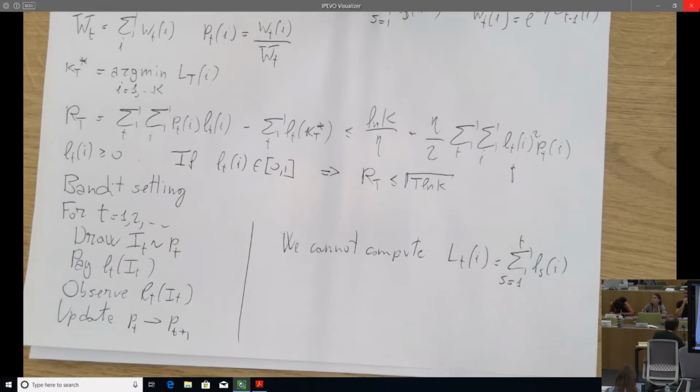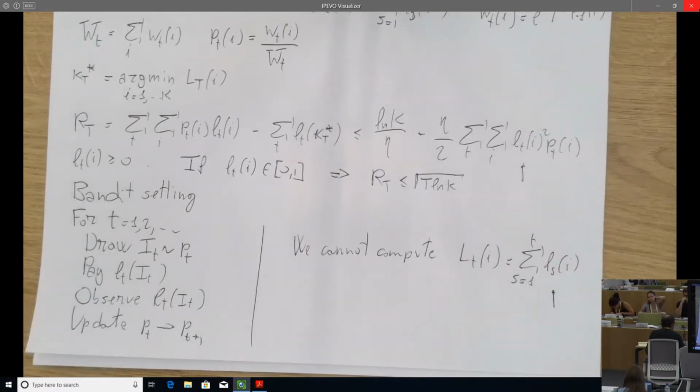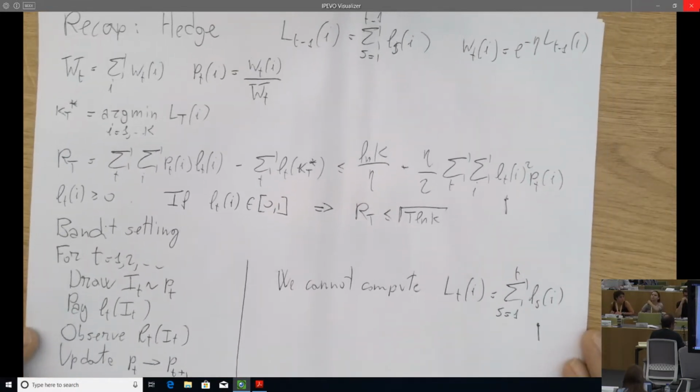Because these losses are observed at any time step s only when we play that specific action i. So at every time step s where we don't select i as I_s, we won't observe the loss component for i. So we are stuck and we have to come up with something.